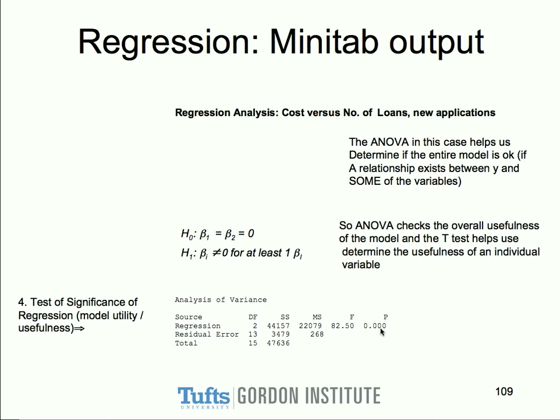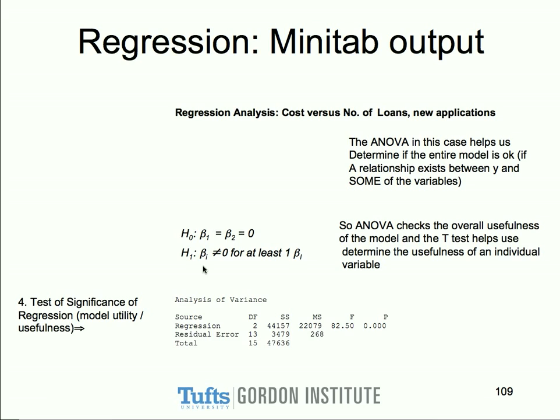So in this case, our p-value is 0. So we know that this is rejected. Okay? And then we know that at least one of our regression coefficients isn't 0, okay? And then you go individually back to step 2, right?